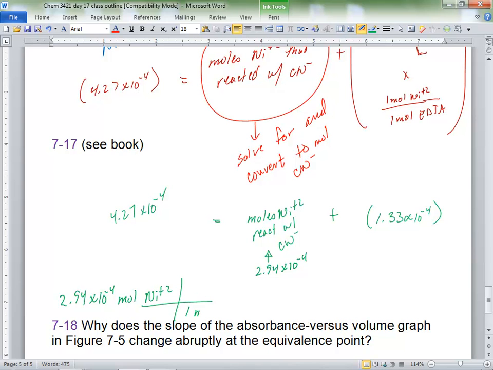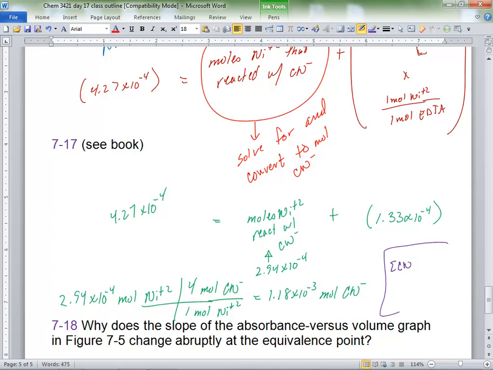And for 1 mole of nickel, we said there's 4 moles of cyanide. Get your moles of cyanide, 1.18 times 10 to the negative 3. Final answer.